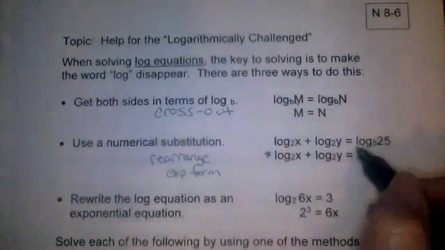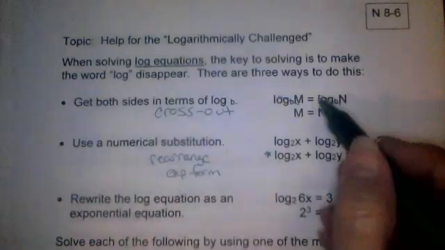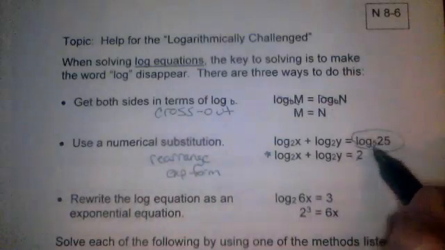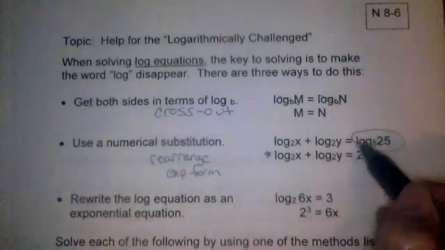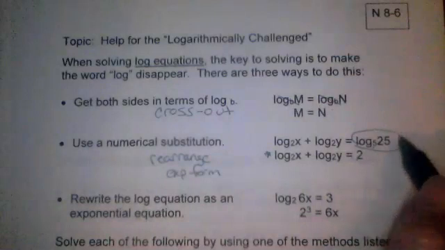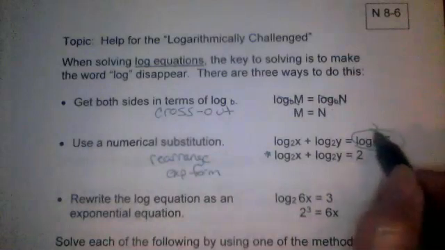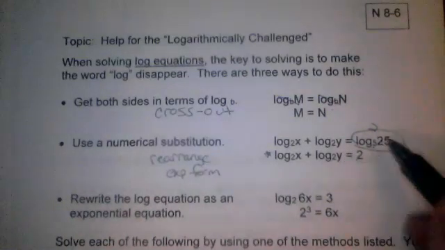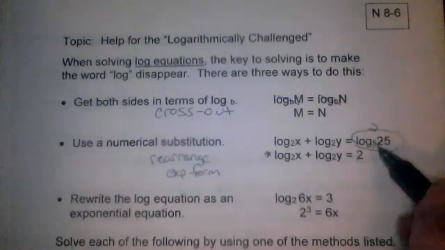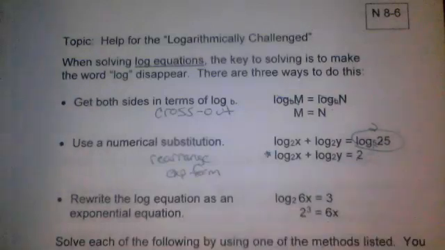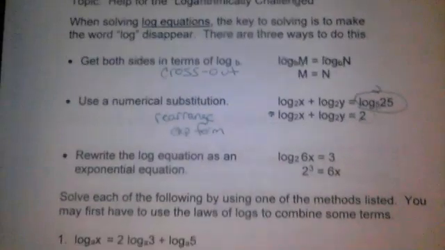Now, this top line looks kind of like a cross-out problem, but just remember that this logarithm has no variable in it, so we could solve it. 5 to what power gives me 25? 2. So these two equations actually are the same. This one is just written with the logarithm in it. So if we have a number, we can put it back into exponential form and then solve.